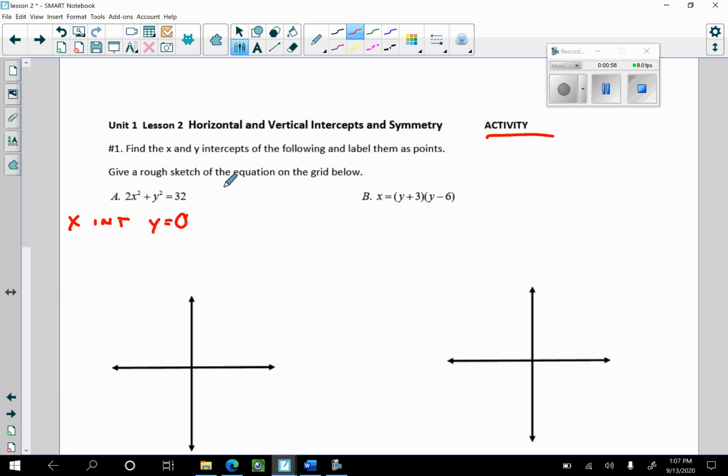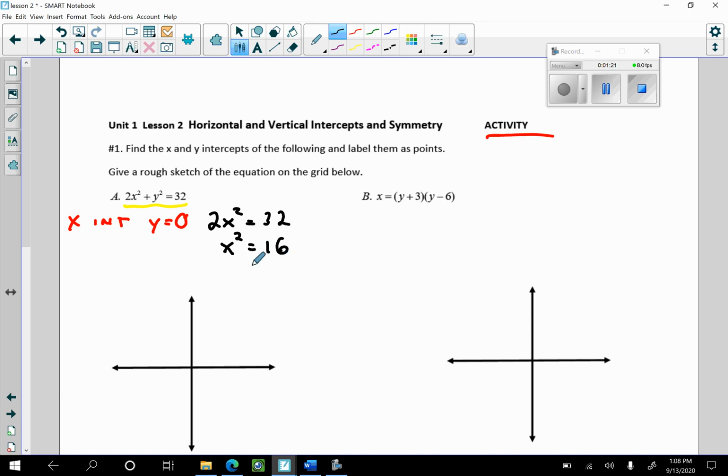And if I let y equal 0 in this equation, I'm going to end up with simply 2x squared is equal to 32. If I divide both sides by 2, I get x squared is equal to 16. And keep in mind, if I take the square root of 16, it's the absolute value of x.